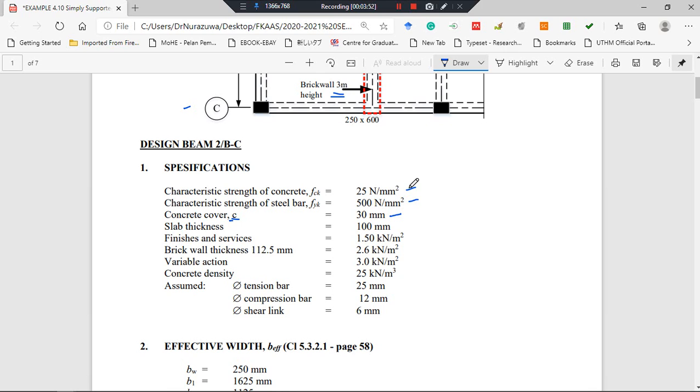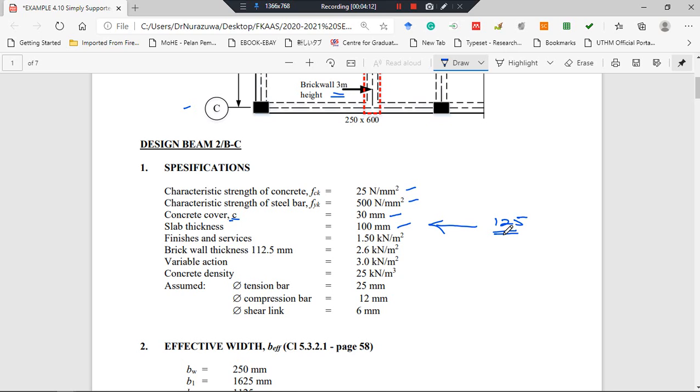If not given, but in this example the nominal cover is 30, the slab thickness is 100. It is suggested later in your design that the proposed minimum slab thickness is 125.